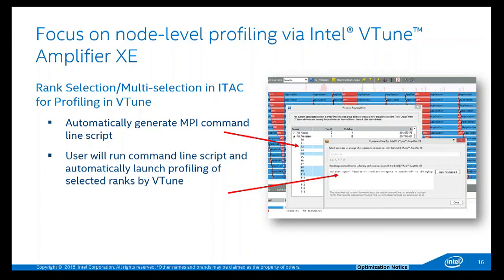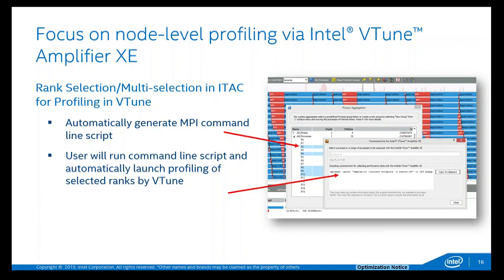If you have a hybrid application and you're profiling it with the trace analyzer and collector, and you figure out that you have a couple of ranks, maybe 2 or 3, that are lagging behind the rest, and you want to look deeper into why that's happening, you can. The trace analyzer and collector does really well with MPI, giving you really detailed data on MPI communication.